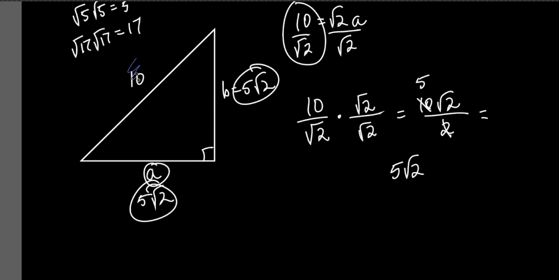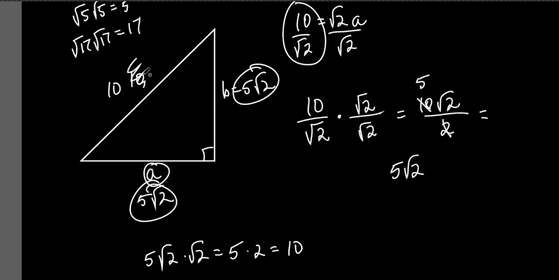What if they didn't give you the 10? What if they just said this side was 5 square root of 2? How would I find the hypotenuse? Right, you take the leg, you multiply it by the square root of 2. Let's see what we get. 5, what's square root of 2 times square root of 2? It's 2. It's 5 times 2. It's 10, just like it should be, shouldn't it? So that does work, doesn't it?